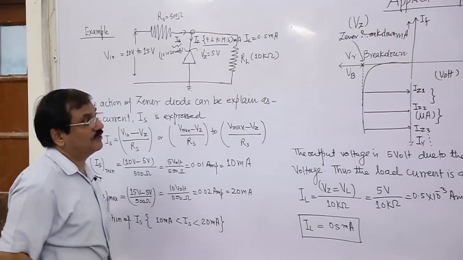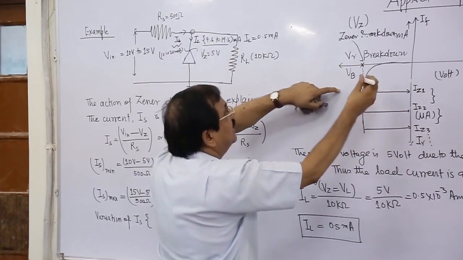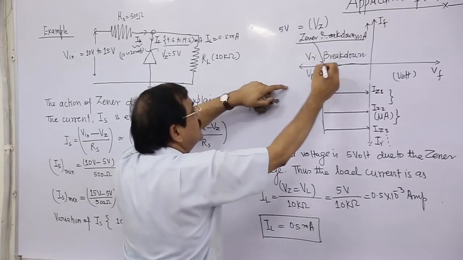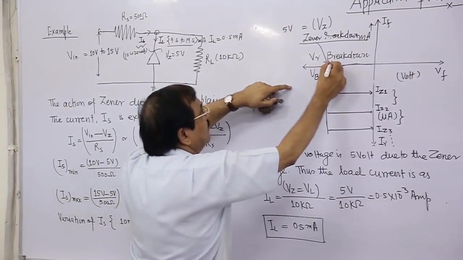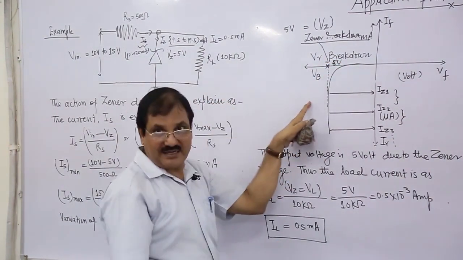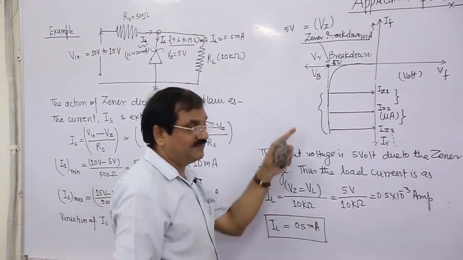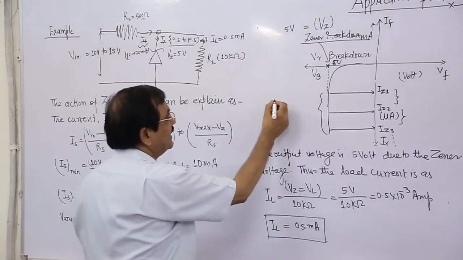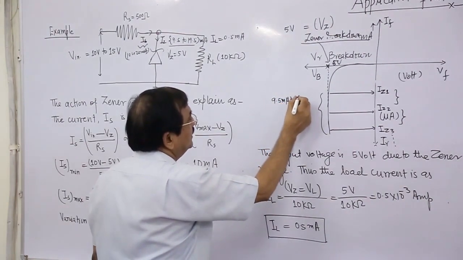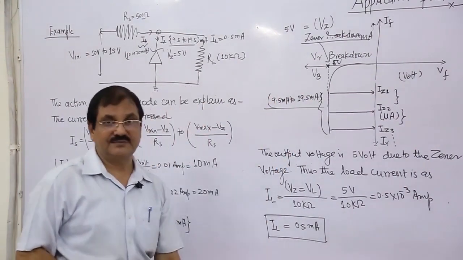This variation can be understood through this graph. At the Zener breakdown, Vz is 5 volt, so the breakdown will take place at 5 volt, when the Zener is fired. These are the variations of Zener current, from 9.5 milliampere to 19.5 milliampere.